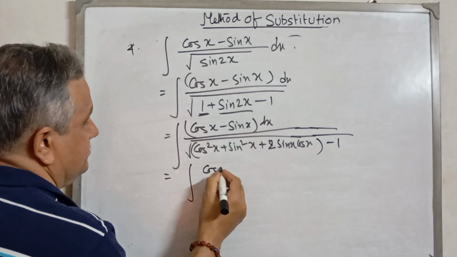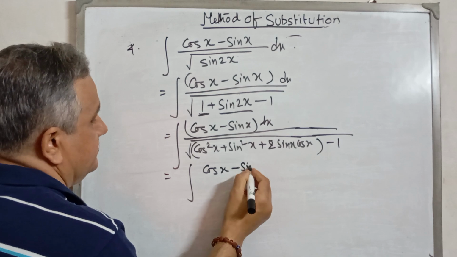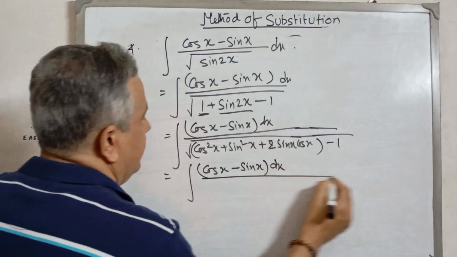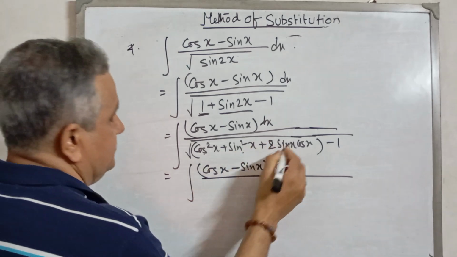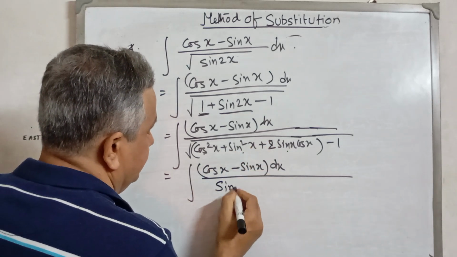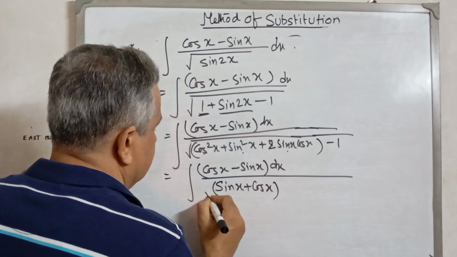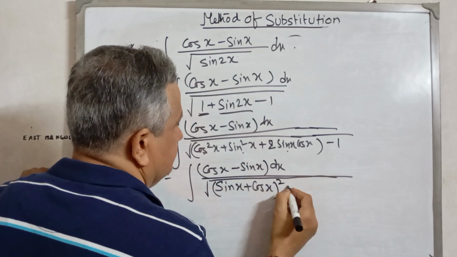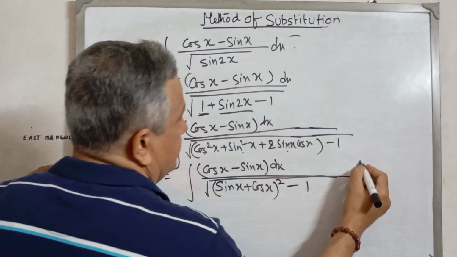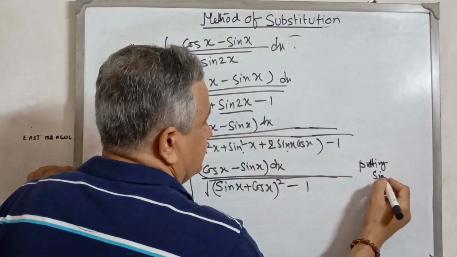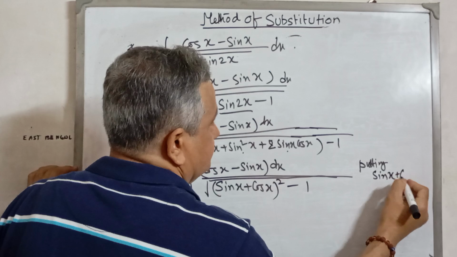Now cos x minus sin x dx, we can write this using a square plus b square plus 2ab, that is a plus b whole square, under root minus 1. Now simply put sin x plus cos x equal to z.